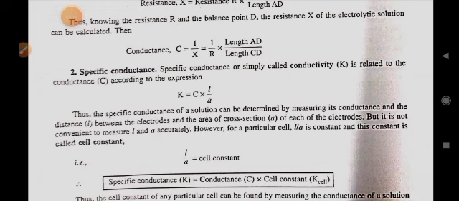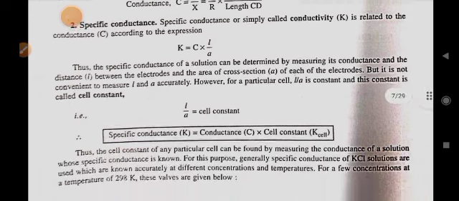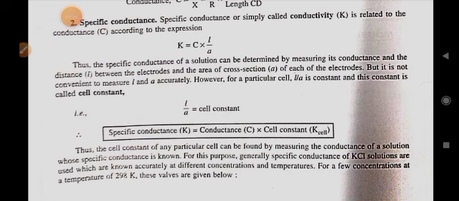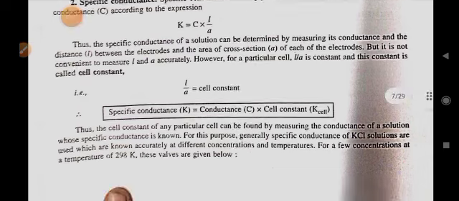Specific conductance, or simply called conductivity, is related to the conductance according to the expression k is equal to C into L by A. The specific conductance of a solution can be determined by measuring its conductance, the distance L between the electrodes, and the area of cross section of each of the electrodes, but it is not convenient to measure L and A accurately. However, for a particular cell, L by A is a constant, and this constant is called the cell constant.